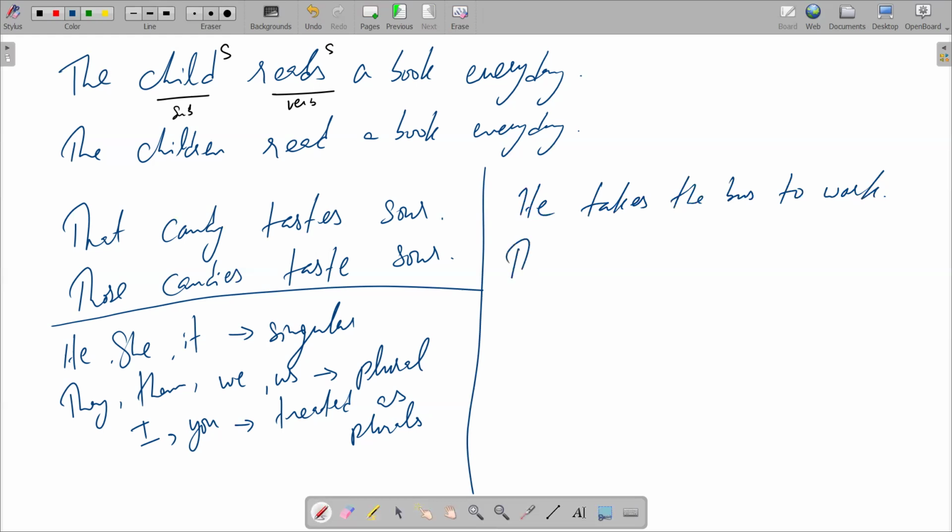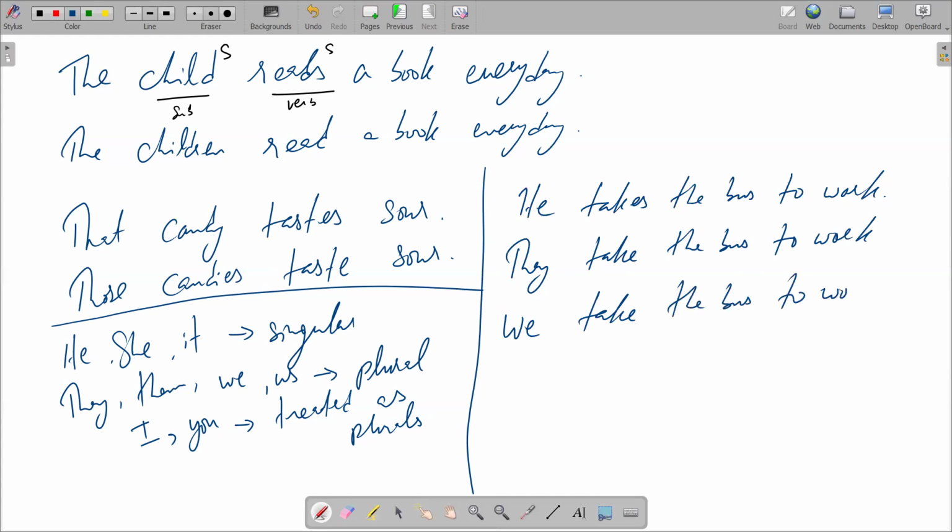And they take the bus to work. Now this is straightforward, because they is obviously plural. Or we take the bus to work.